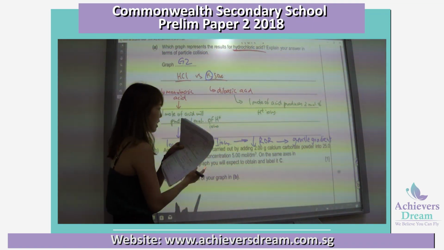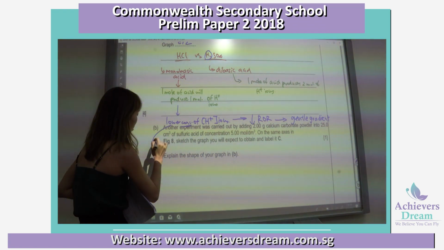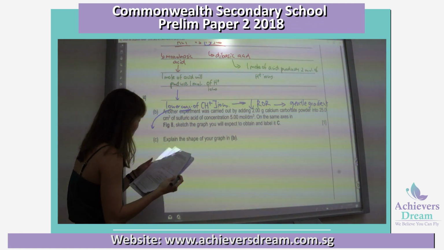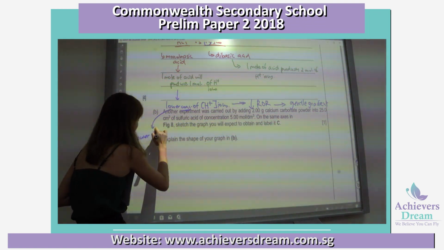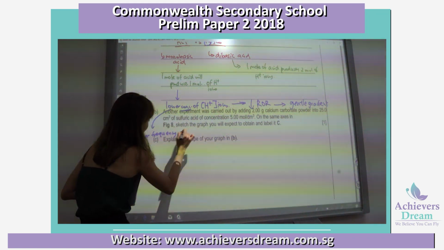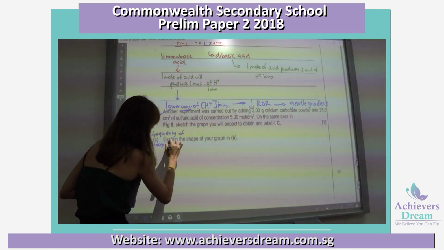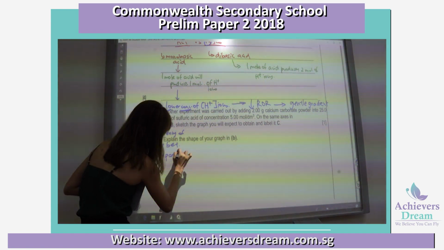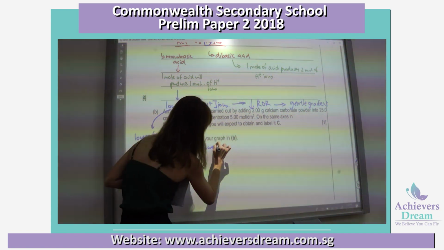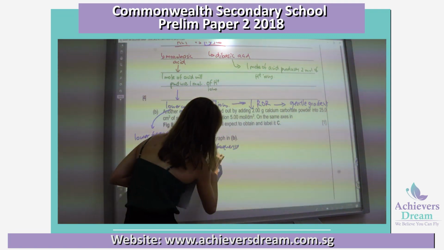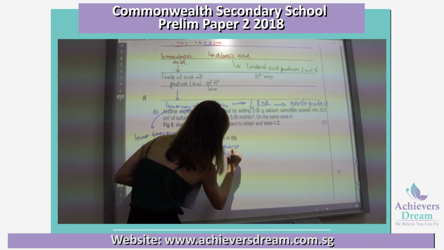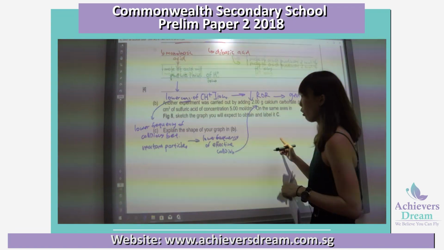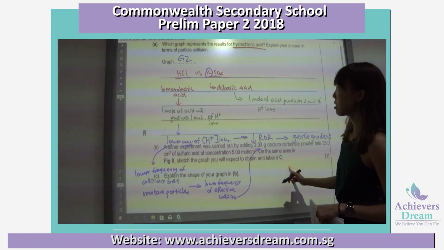So you link it to concentration, and then in terms of particle collision, a lower concentration means that there will be a lower frequency of collisions between your reactant particles, and this in turn will lead to a lower frequency of effective collisions, and this will lead to a decrease in rate of reaction.